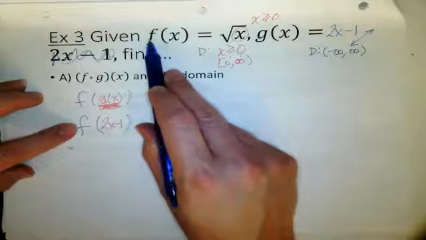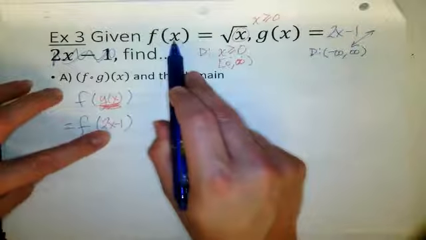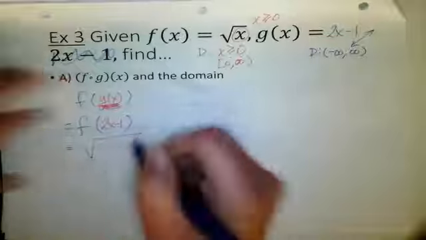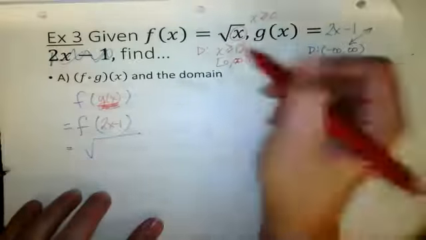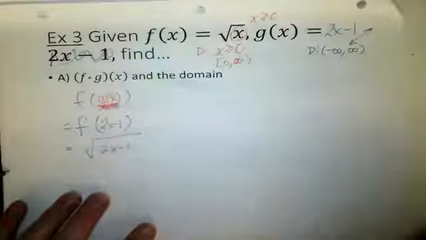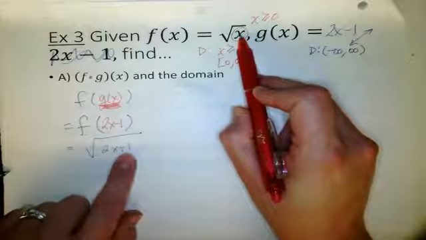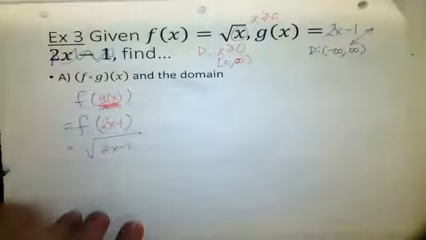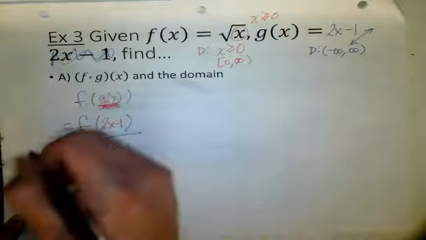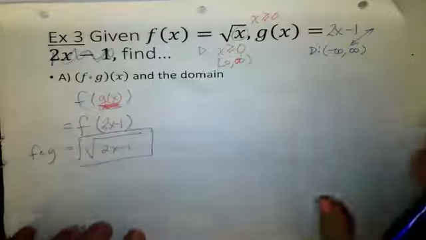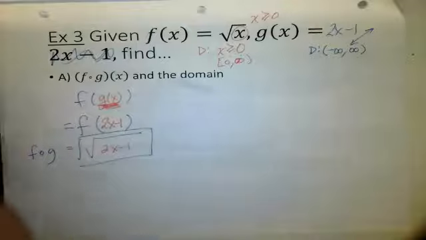Go to your f function and plug in 2x minus 1 in place of the x's. So instead of my x, I'm using 2x minus 1. And that's all we can do there. That's f of g. That's our result. That's kind of nice, right?